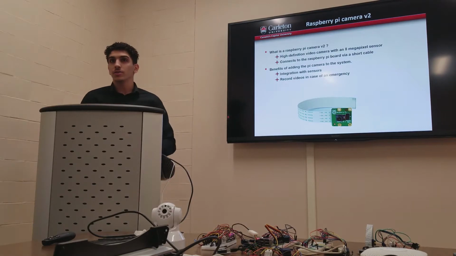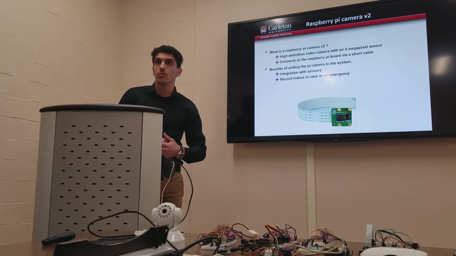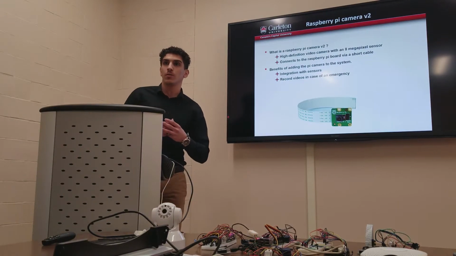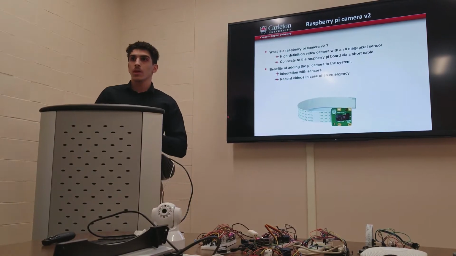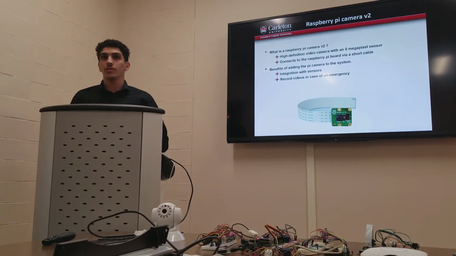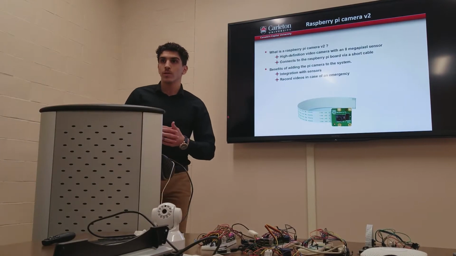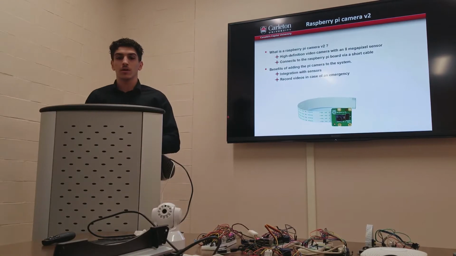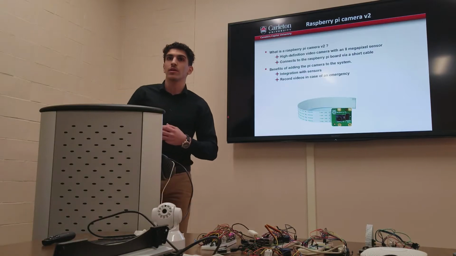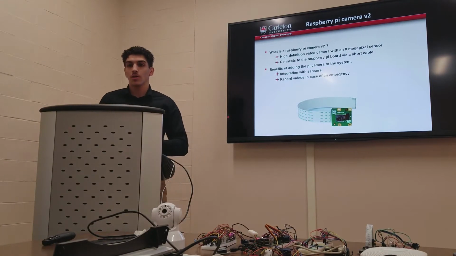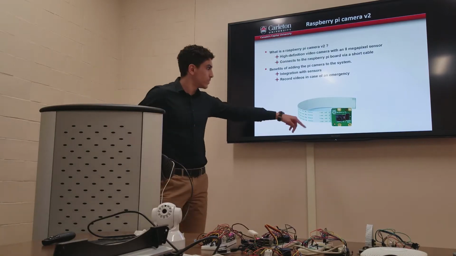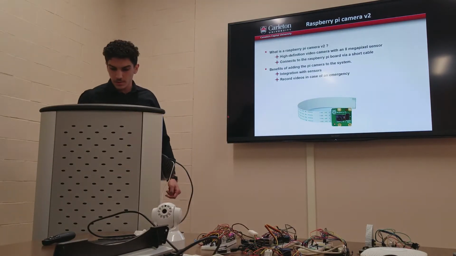It's a high definition video camera with an 8 megapixel sensor, and it connects to the Raspberry Pi board via a small cable. If you're wondering why we chose this camera to deploy in the system, it's because it can be integrated with sensors, and also it can record videos in case of an emergency. So that's the Raspberry Pi camera.